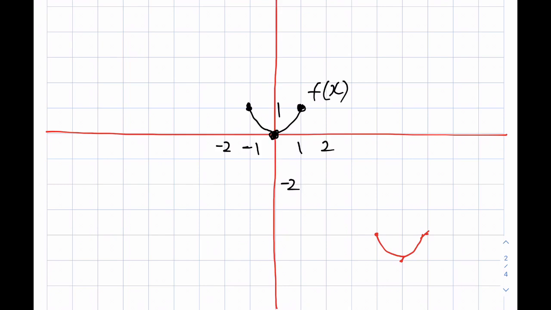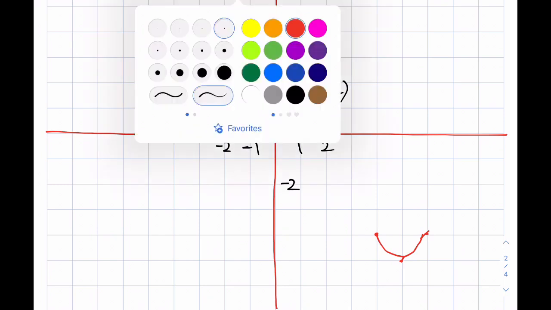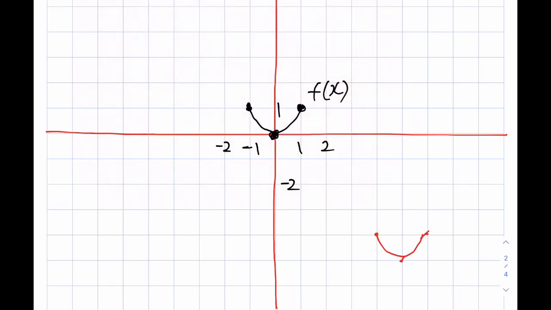So let's pick out the origin point right here. And let's see how many times it went down. It moved once, twice, 3 times, 4, and 5. So it went down 5 blocks.